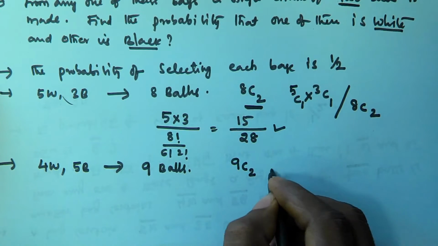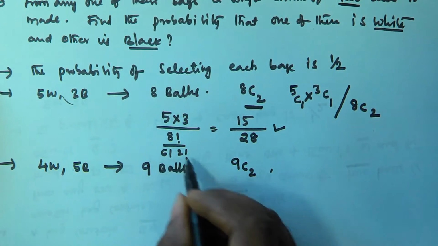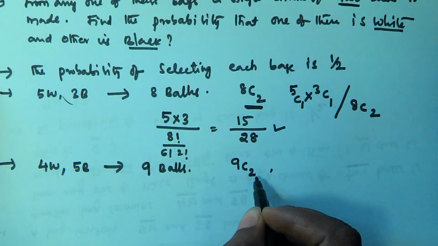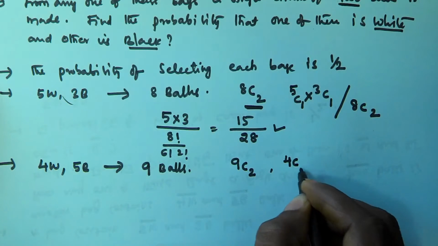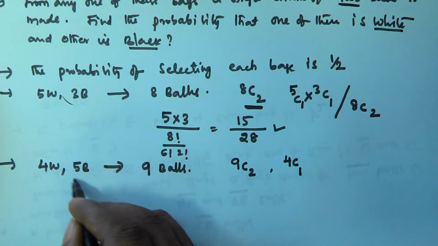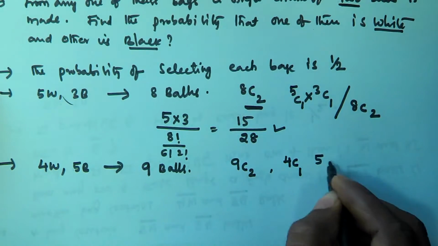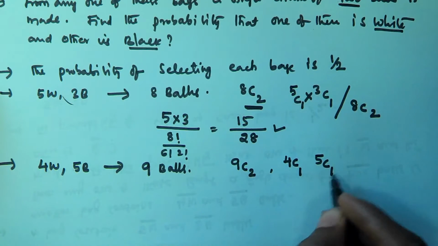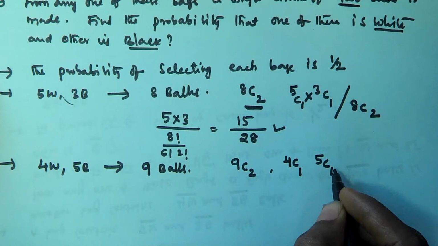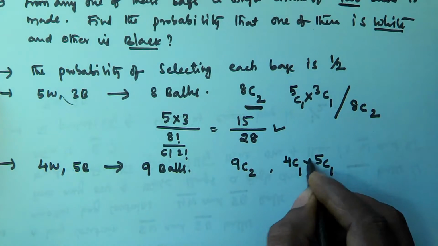Out of those 2 balls, 1 ball must be a white ball, so the number of ways of selecting 1 white ball is 4C1 and selecting 1 black ball is 5C1. So the total number of ways of selecting 1 white ball and 1 black ball from the second bag is 4C1 into 5C1.